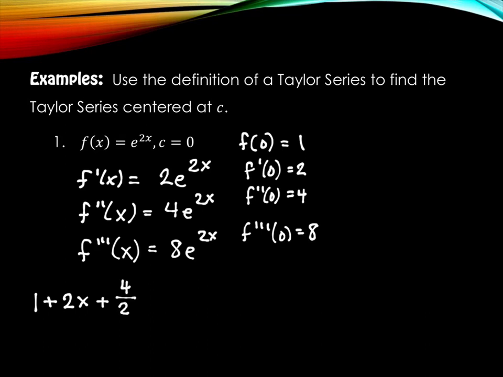The second derivative is supposed to be divided by 2 factorial and multiplied by x minus c, so x squared. It would normally be x minus something else and then squared. What would my third one be? 8 over 3 factorial times x cubed.